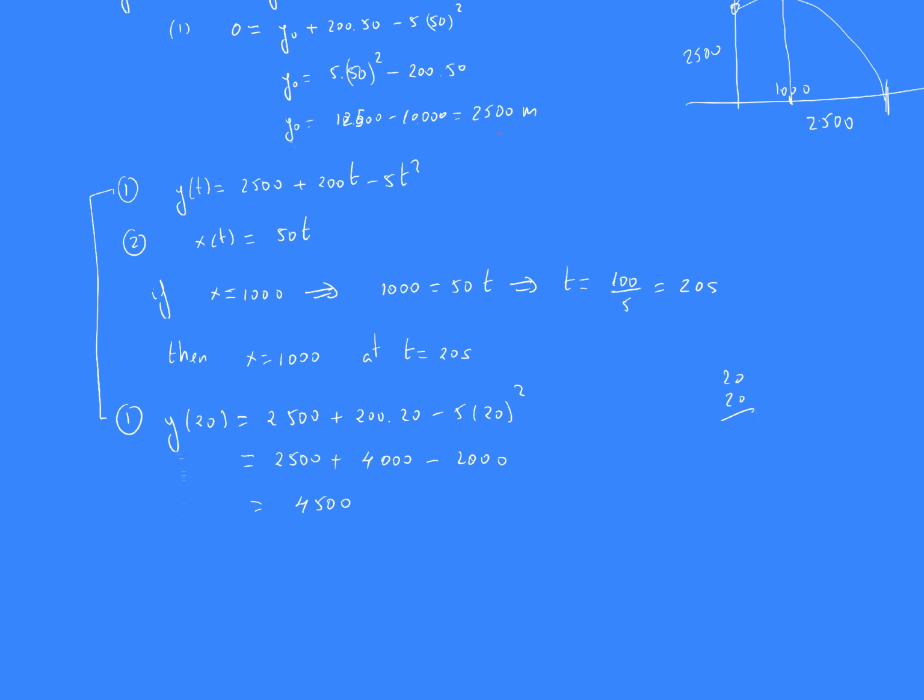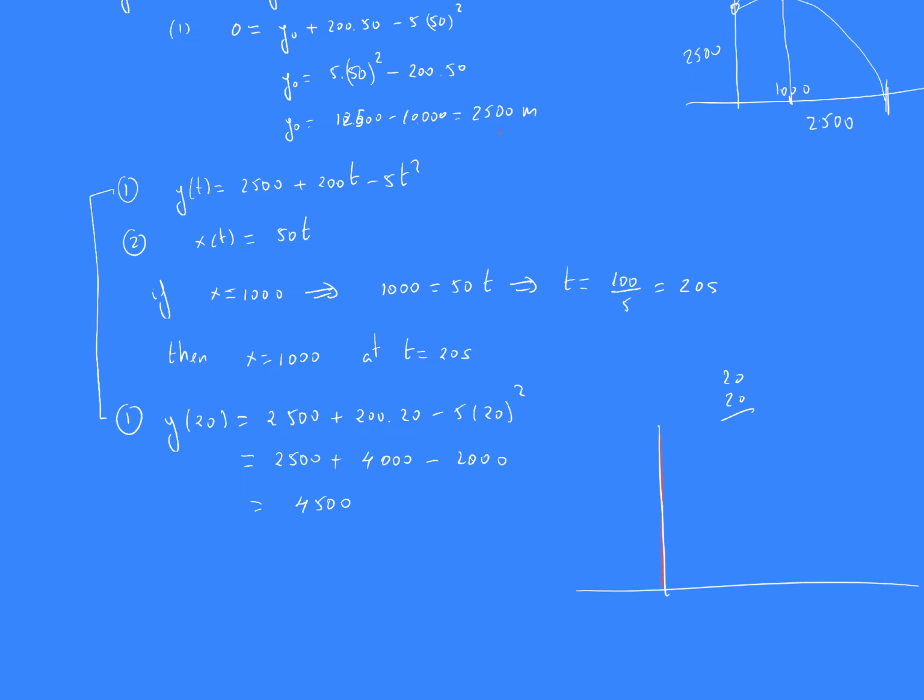So y of 20 will be 2,500 plus 200 times 20, minus 5 times 20 squared. 200 times 20 is 4,000, so this is 6,500, and minus 5 times 400 gives a total of 4,500 meters. So he is launched in this way.